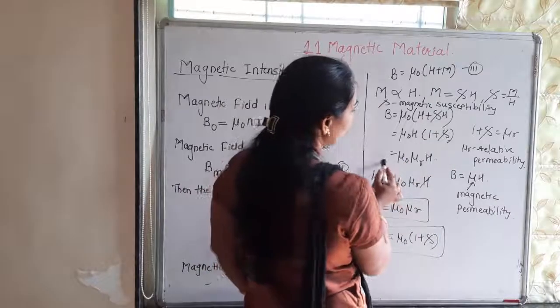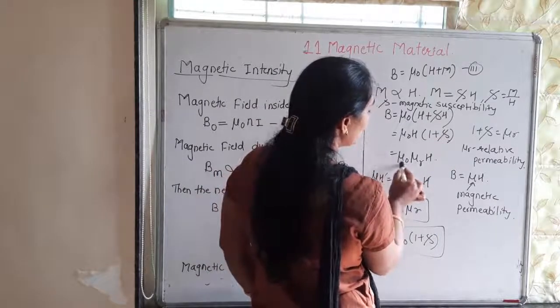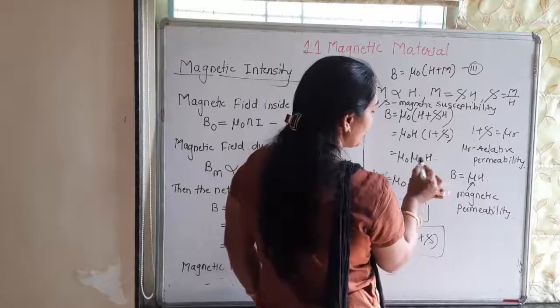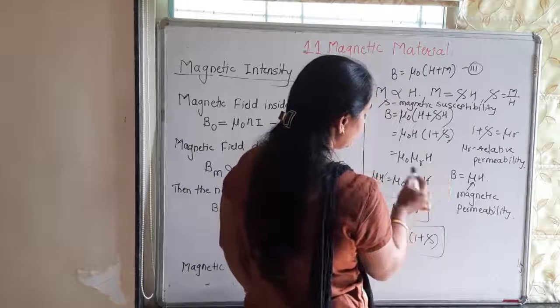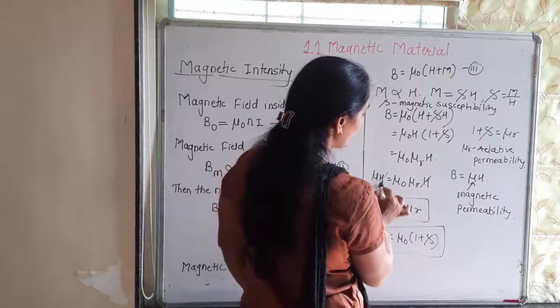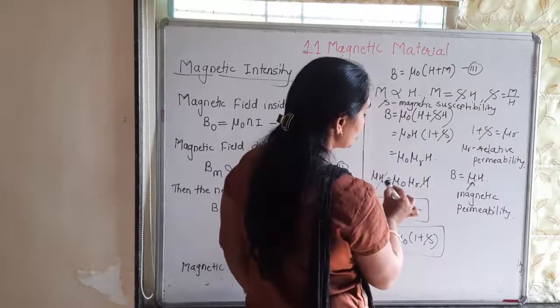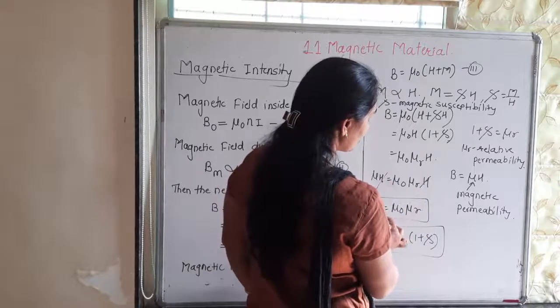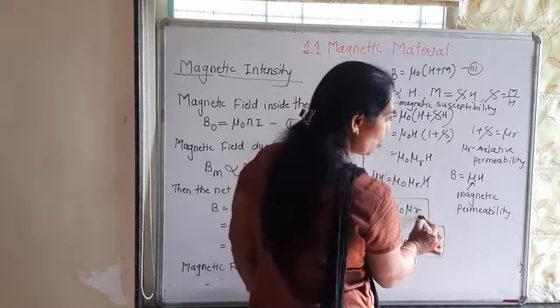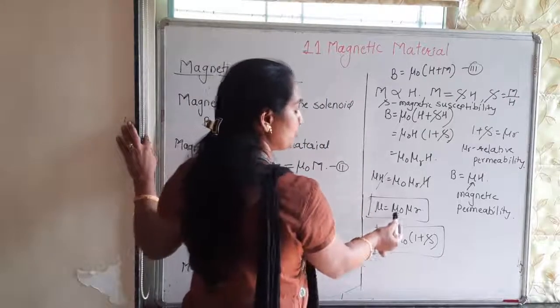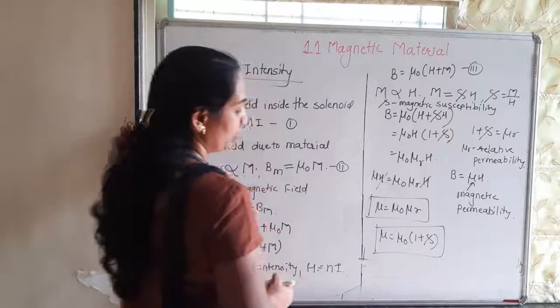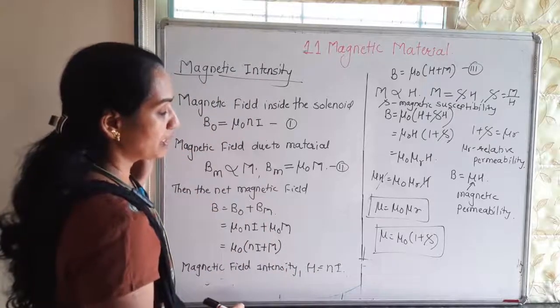After substituting, we get B equals mu0 mu r H, where mu r is the relative permeability, and B equals mu H. Rearranging, mu is equal to mu0 into mu r, where mu r is 1 plus chi.